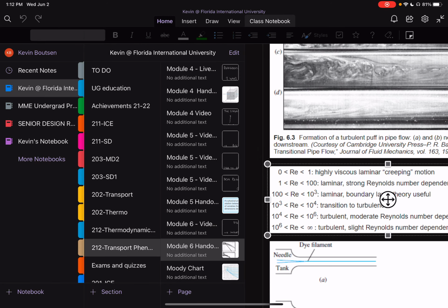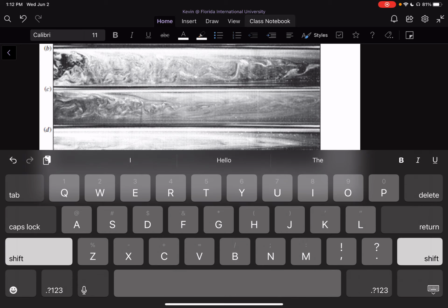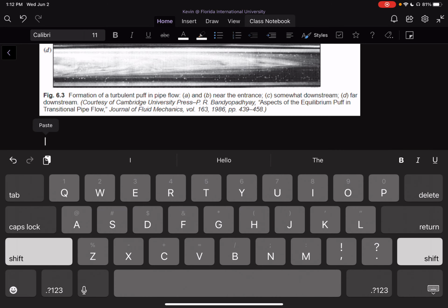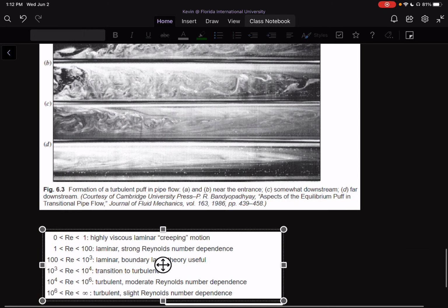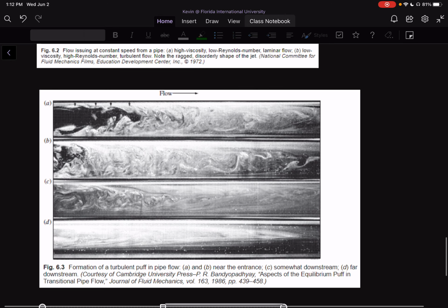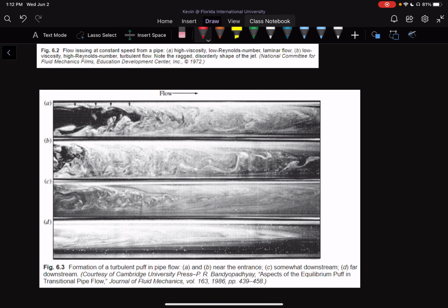So the first handout that we have here shows the formation of what is called puff flow in a tube, essentially. We can see what's happening near the entrance, somewhat downstream, and far downstream.